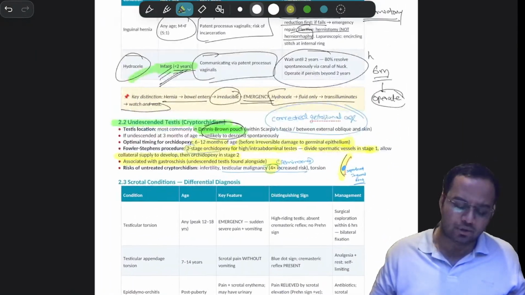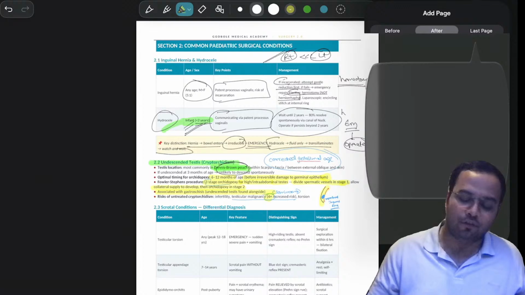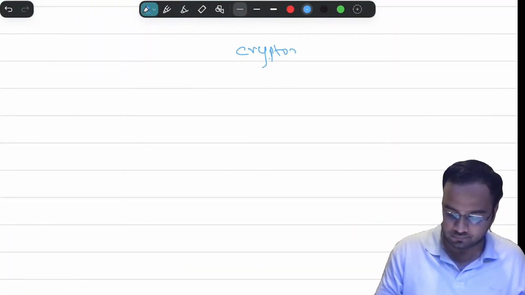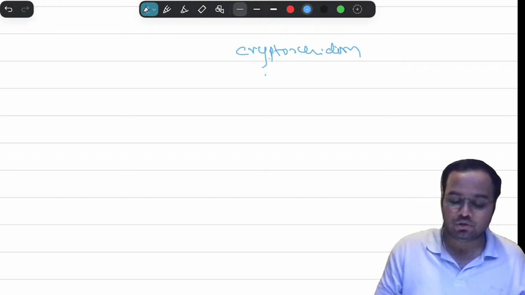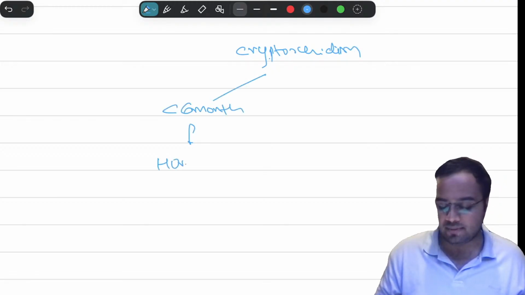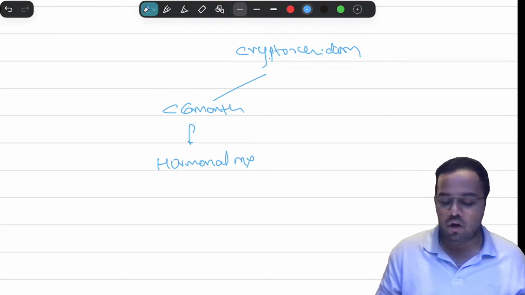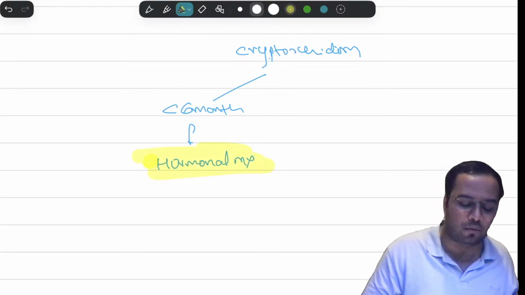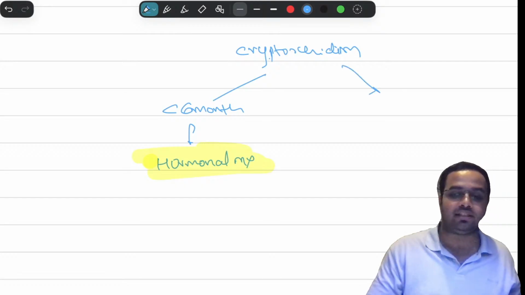How are we going to actually treat the patient of cryptorchidism? So whenever a patient is going to come to you after 6 months, so cryptorchidism management. If it is less than 6 months, you can go for hormonal management. Hormonal management is still under trial, and there is no class 1 evidence that giving hormones to the child will actually cause the natural descent of the testes.